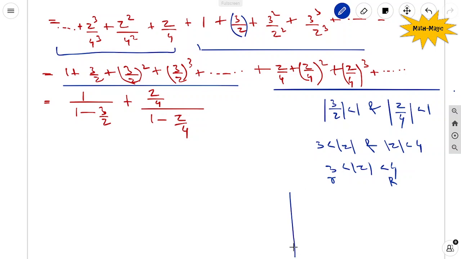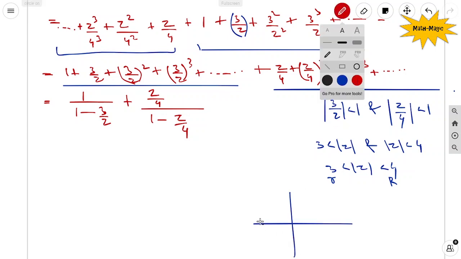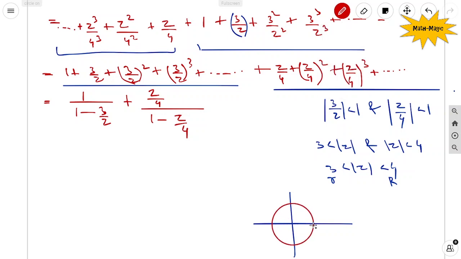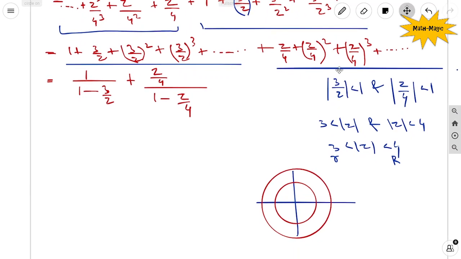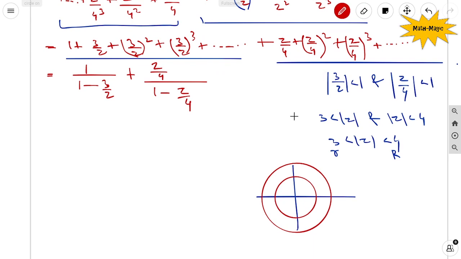So now if we go to the complex plane, we have a circle of radius 3 and then a circle of radius 4. So where does our z lie? z lies between radius 3 and radius 4.